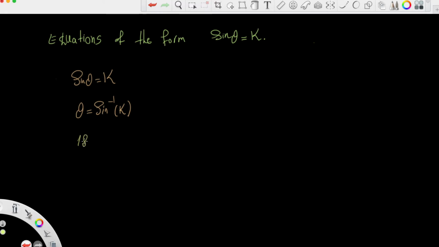So 180 minus theta has the same sine as theta. So 180 minus theta will be the other answer for this equation.